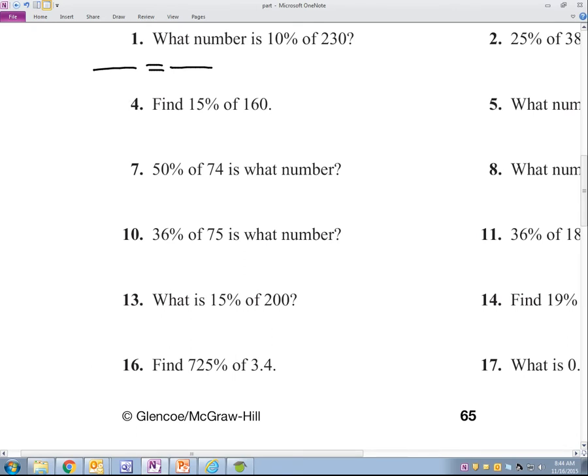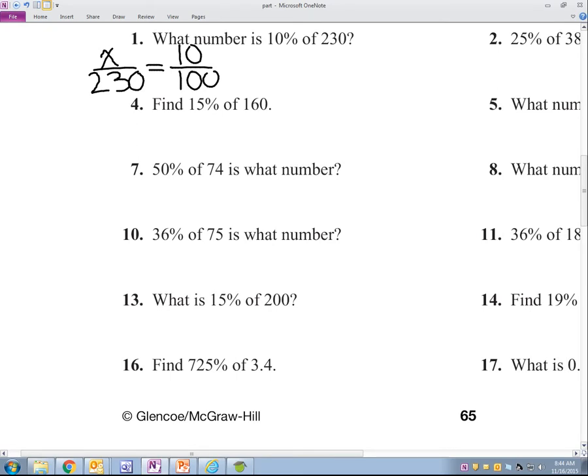Okay, good. Now, some of your hands shot up right away. And that's good. That means you have a really good understanding of what a percentage really is. So what do you think it is, Annabelle? Nope, you had your proportion set up wrong.